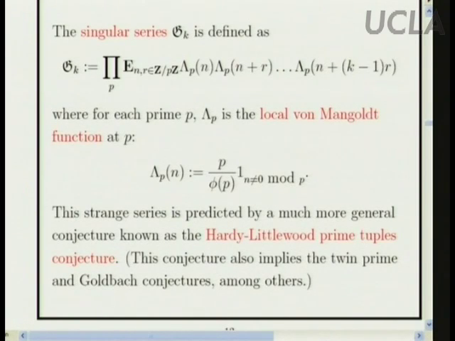This was all conjectured by Hardy and Littlewood 80 years ago and backed up by a lot of numerical evidence. It's called the Hardy-Littlewood prime tuples conjecture, which predicts how many patterns of almost any sort should exist in the primes. One funny thing about number theory, as opposed to other fields of mathematics, is that we can't prove everything we want, but we can conjecture things really well.